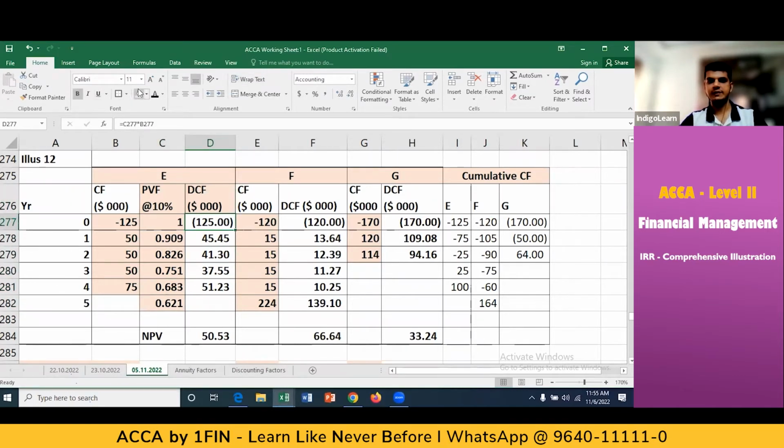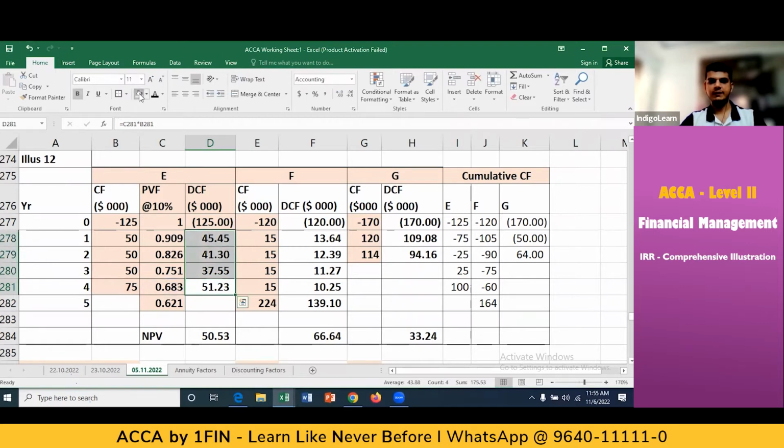So for the first year it is coming to 1, so it is multiplying with 1 the cash outflow for project E. Project E, first year it is 0.909 into 50, second year 0.826 into 50, third year 0.751 into 50 and fourth year 75 into 0.683.